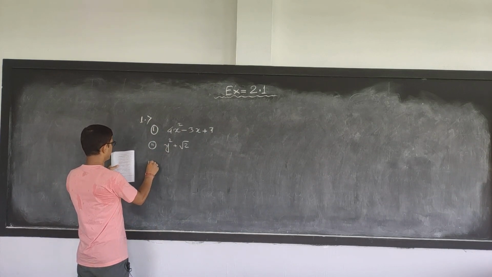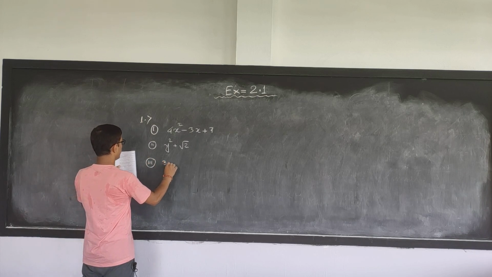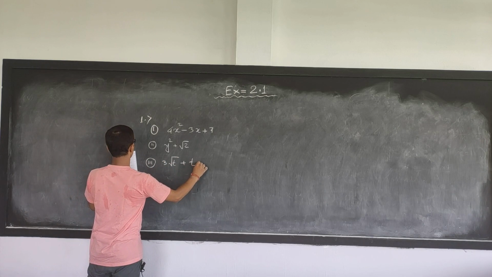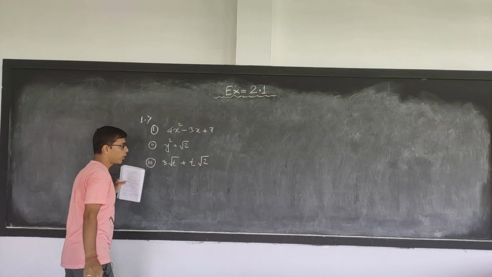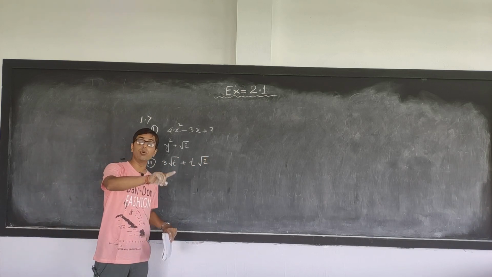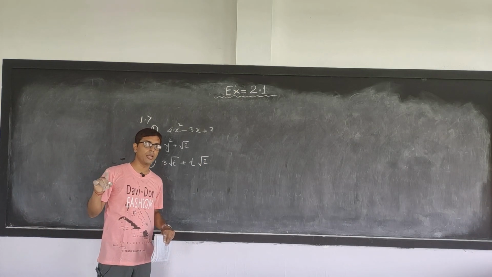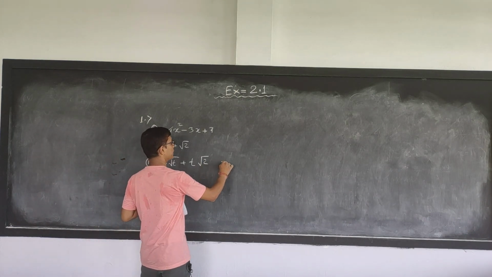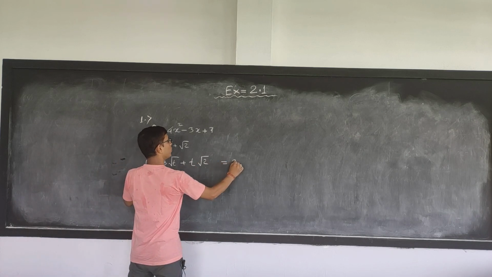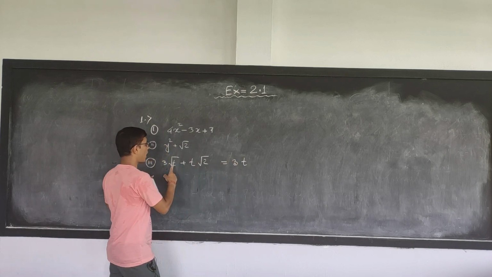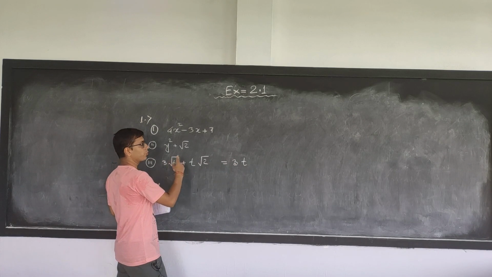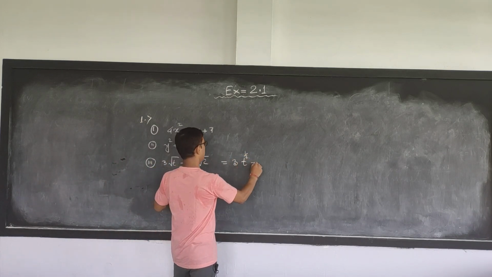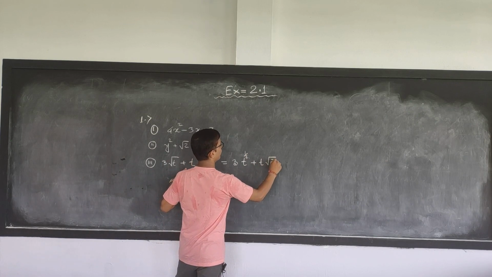Then the third one is 3 into root over t plus t root over 2. Is it a polynomial? If we reduce it to a simpler form, it will be 3 into t to the power half, plus t root over 2.